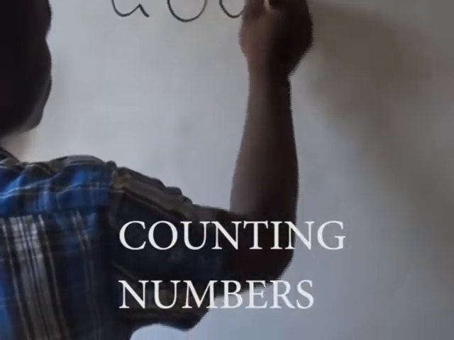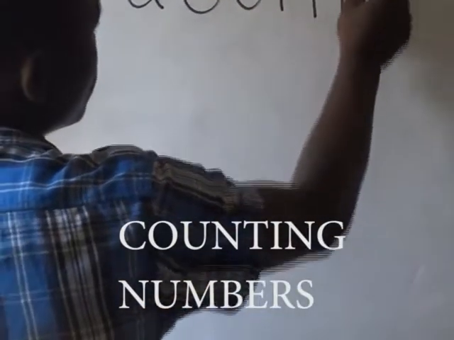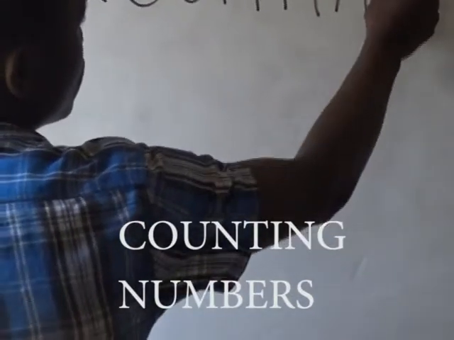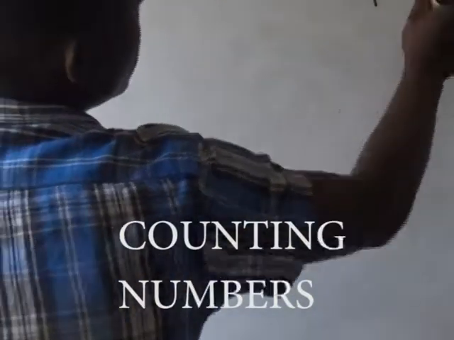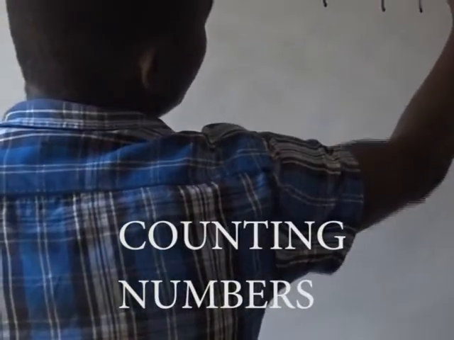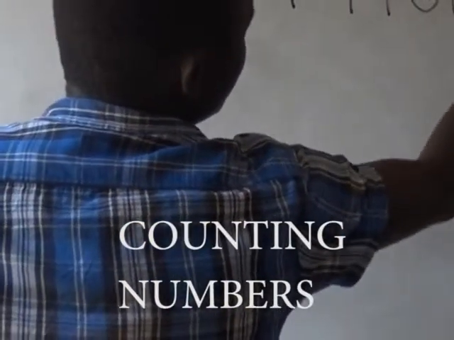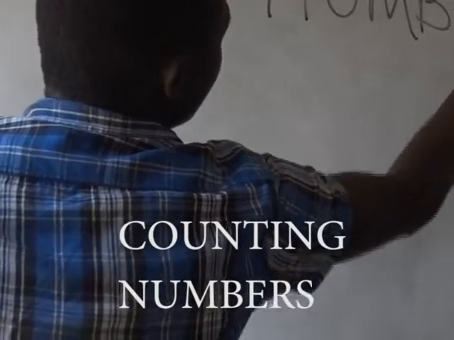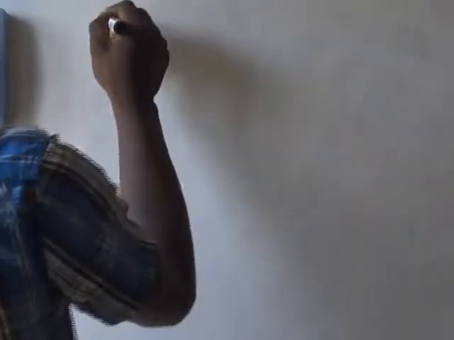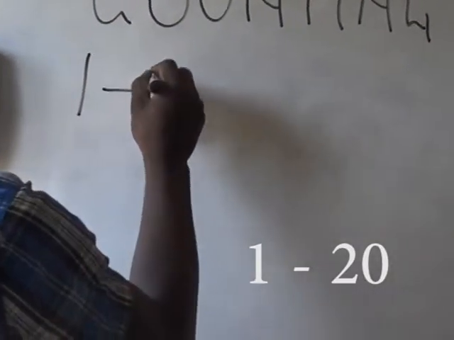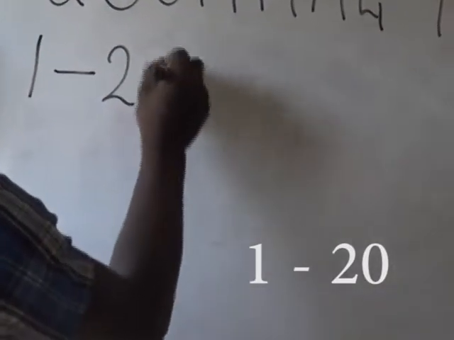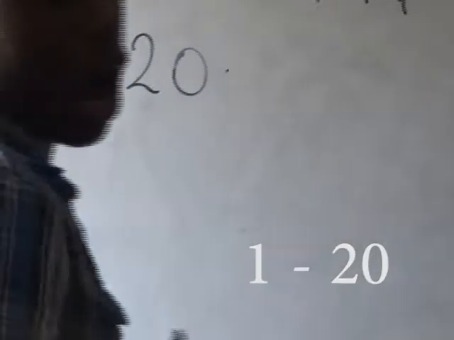Counting numbers 1 to 20. How do we count these numbers?